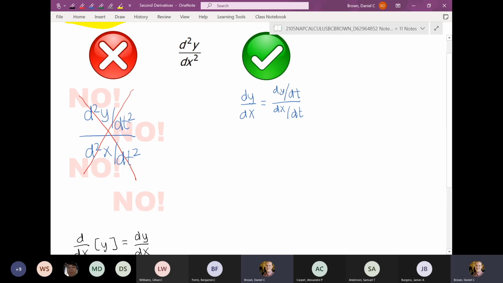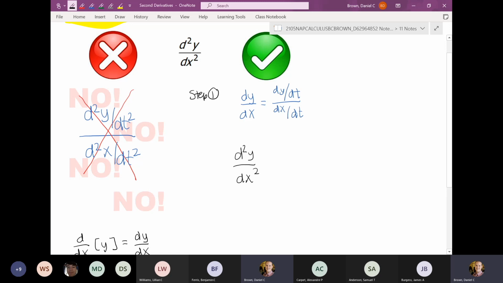So the way we're actually going to think about it is, step one, we're still going to have to find the first derivative using it parametrically, dy/dt over dx/dt. And then to find the second derivative, look at what this is representing. This is the derivative of y with respect to x.